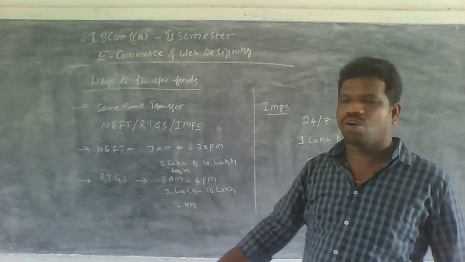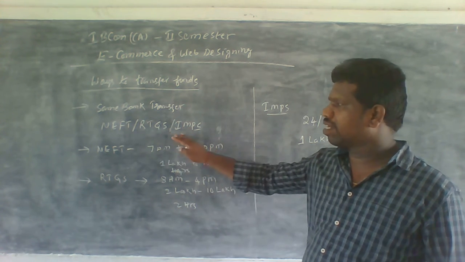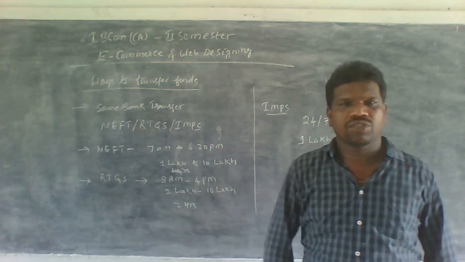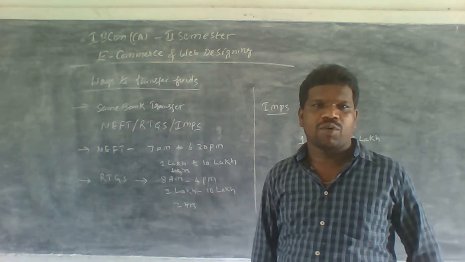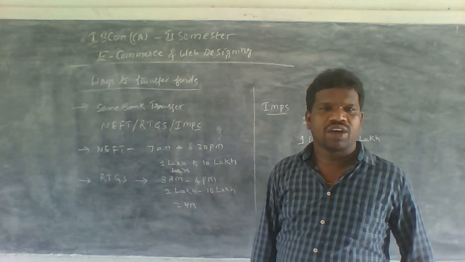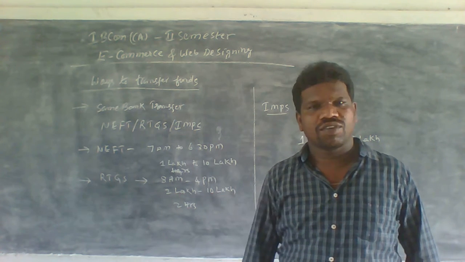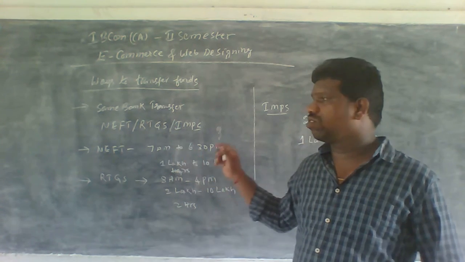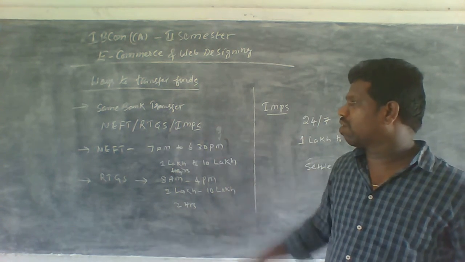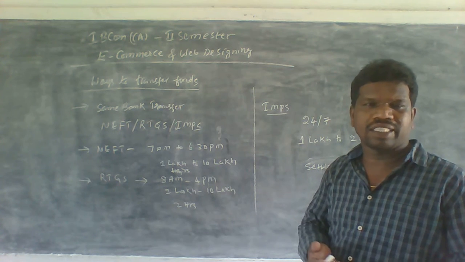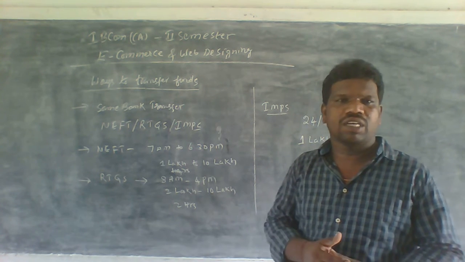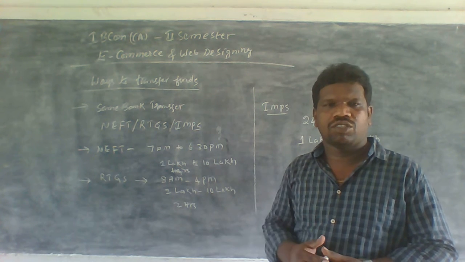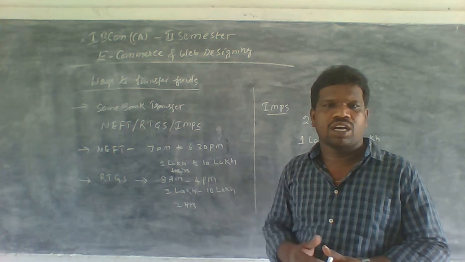Using these three operations, we can transfer the amount from one place to another very easily. Based on your convenience, you use NEFT, RTGS or IMPS. The timings and the amounts are also very different for transferring from one place to another.